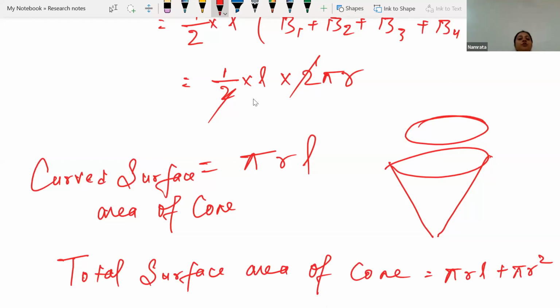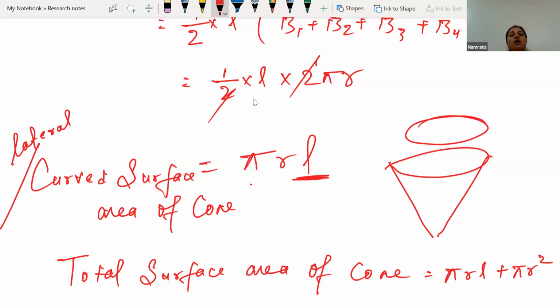So this is the formula for total surface area of the cone, and this is the formula for curved surface area of the cone, which is also sometimes known as lateral surface area. Lateral and curved are the same thing. Lateral means all around it and curved also means all around it. So the curved part's area is pi rl, the formula from where we got. Just for understanding, we got it after cutting it into triangles of the same slant height l. Here l is the slant height of the cone.